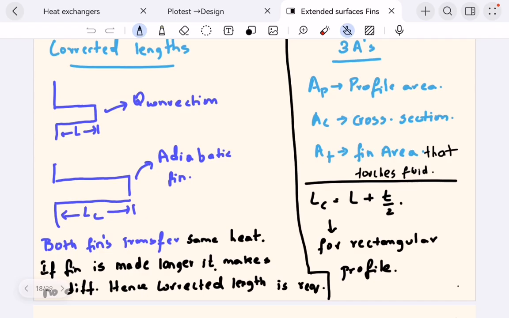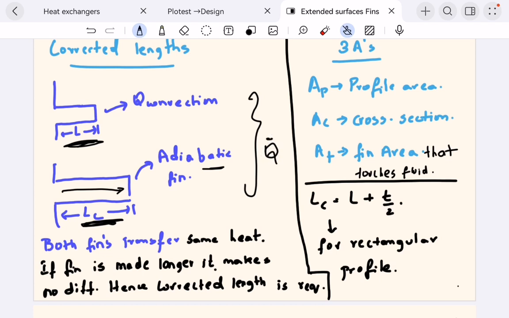Let's say you have a fin whose length is L and you have some other fin whose length is LC. As the length becomes longer and longer, the fin turns out to be an adiabatic fin. But both fins give out the same rate of heat transfer, right?